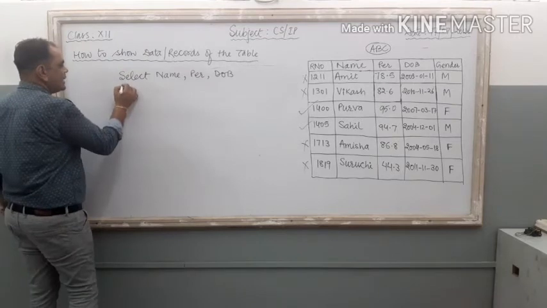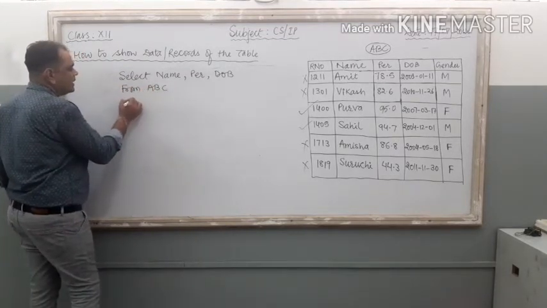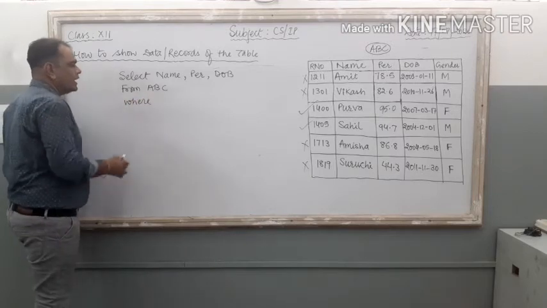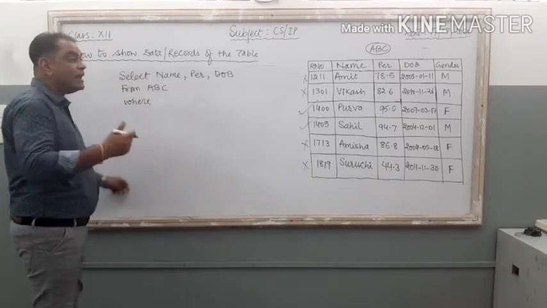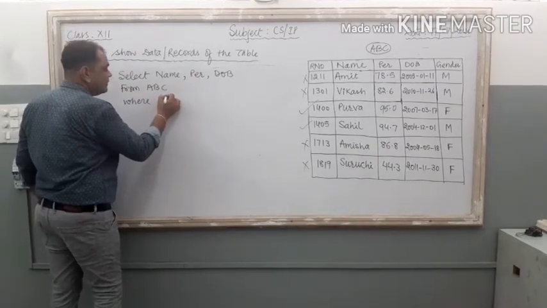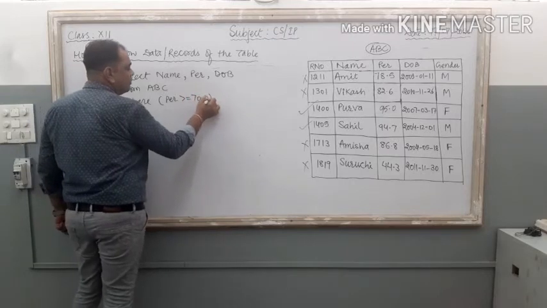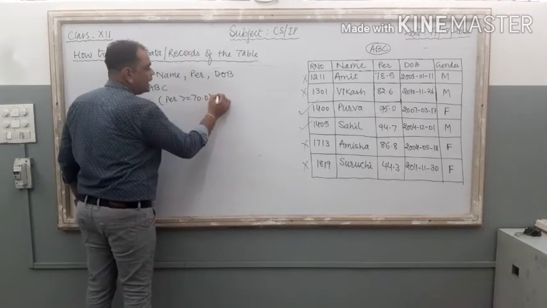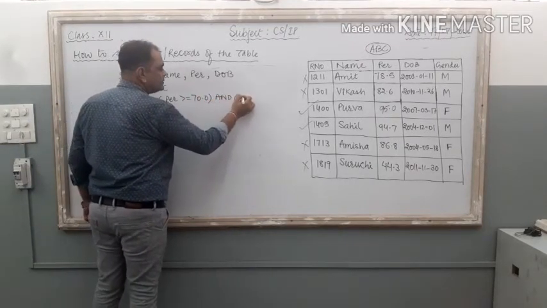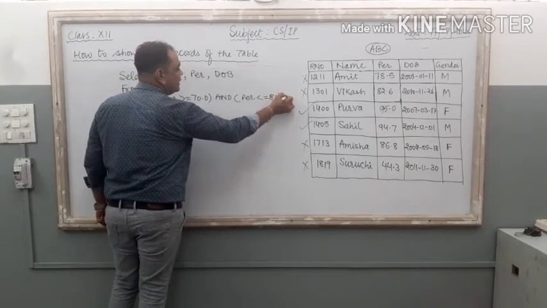Clear? In the next line from ABC, the table name, and then where in the third line, now my condition is based on the percentage column of the table. So the condition is where percentage greater than equal to 70.0, and the second condition is where percentage less than equal to 80.